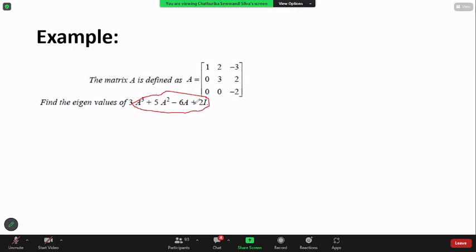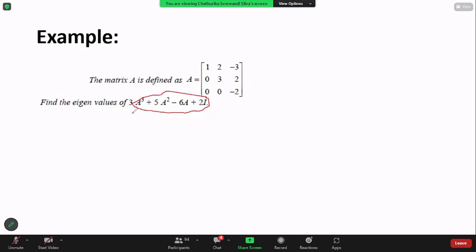So in order to add or subtract two or more matrices, all the matrices should have the same dimension. That is the very first principle in addition and subtraction. That means in order to add or subtract two or more matrices, they must be of the same order. Orders or dimensions cannot differ.